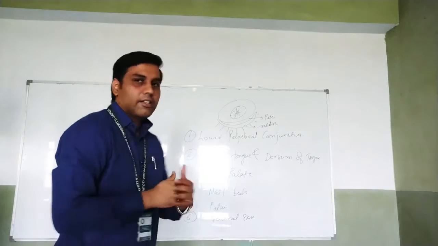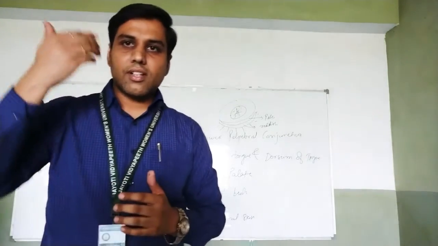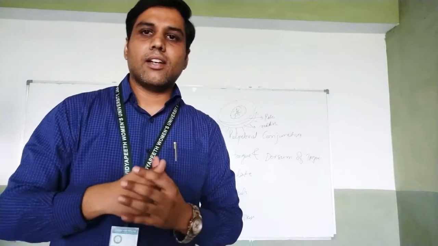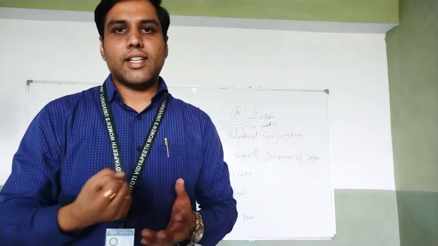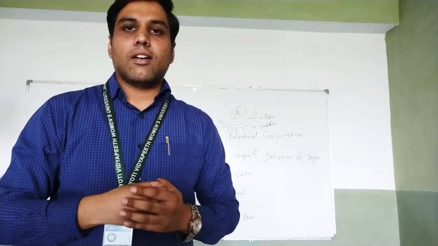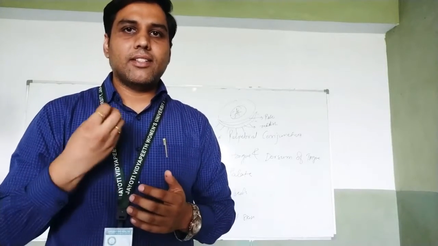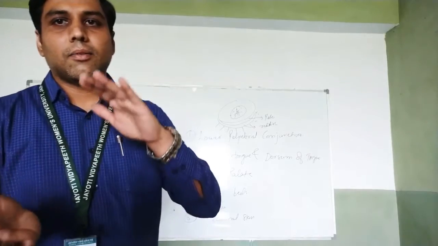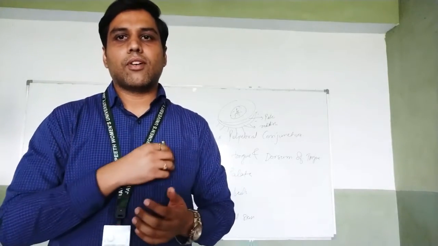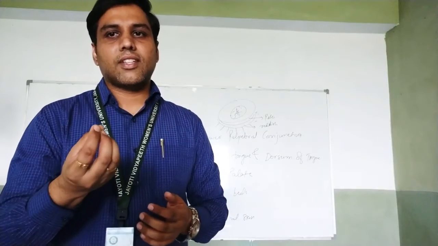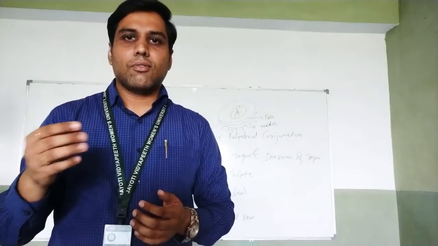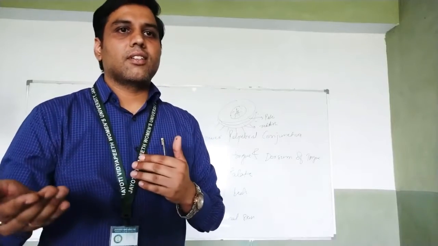Then general skin: we just have to look at the general skin of the patient. If the skin is pale in color, then we can say that the patient has anemia. But this sign can be deceiving, because the color of skin in different persons is different. So we have to compare it with the previous.